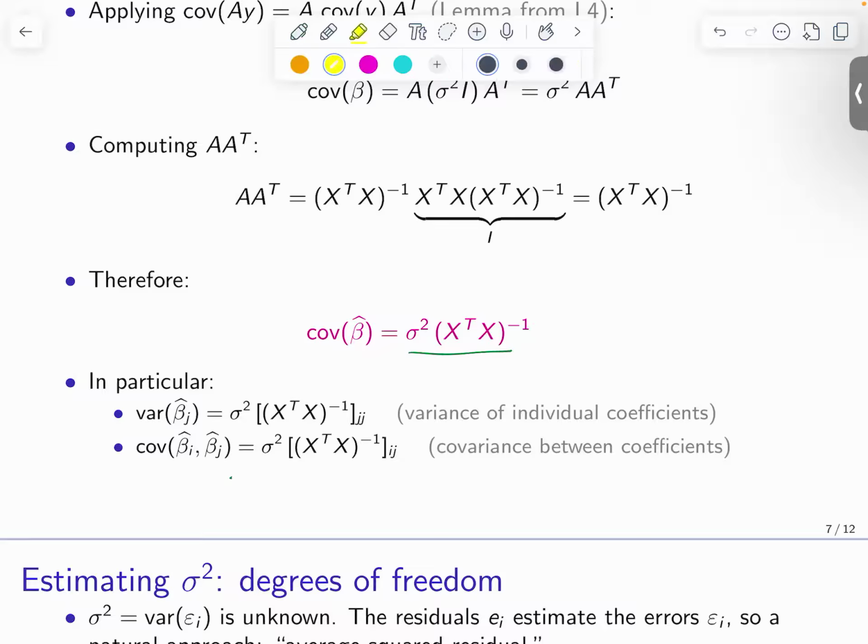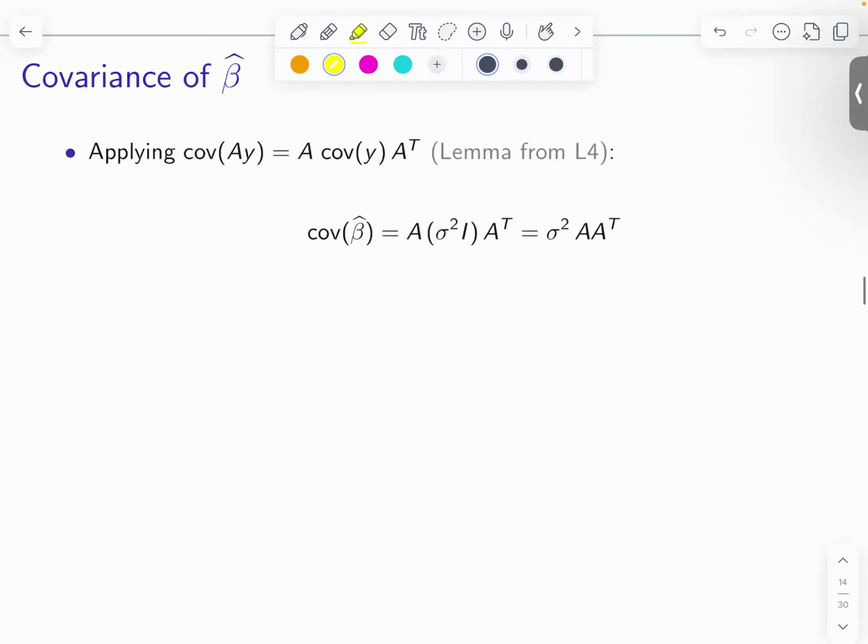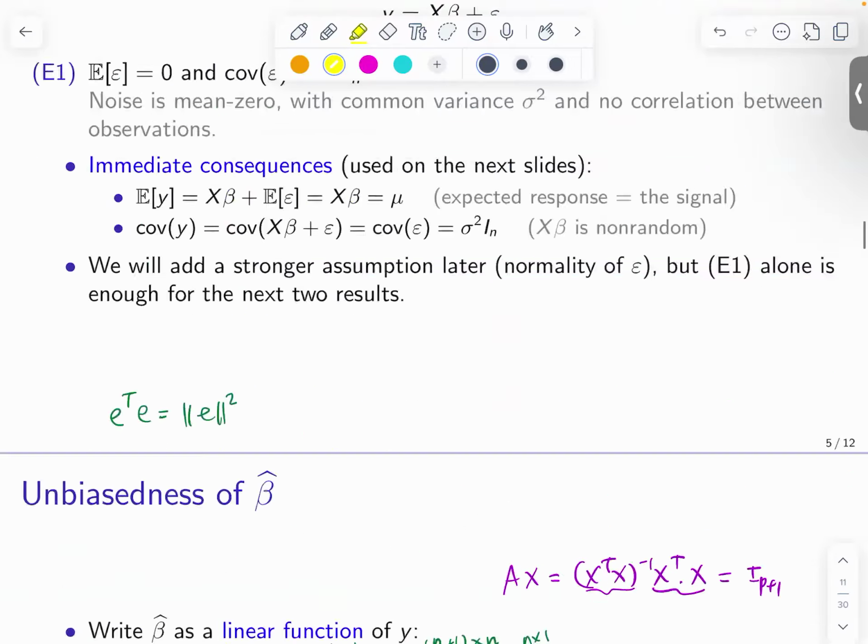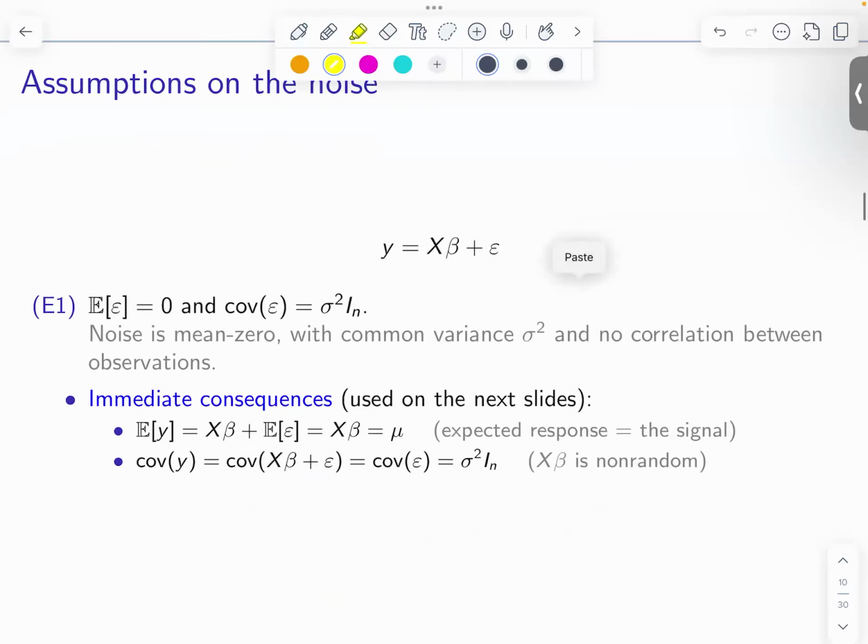The only problem I have here is that this sigma squared is also a parameter which is unknown. If you go back to the model, once we introduce this assumption, we introduce another extra unknown parameter, sigma squared. So both beta and sigma squared are unknown. As a statistician, I would like to also estimate this parameter.